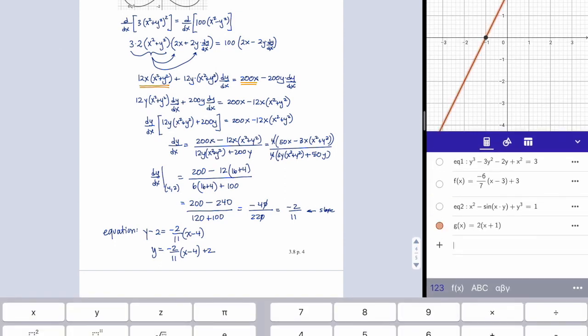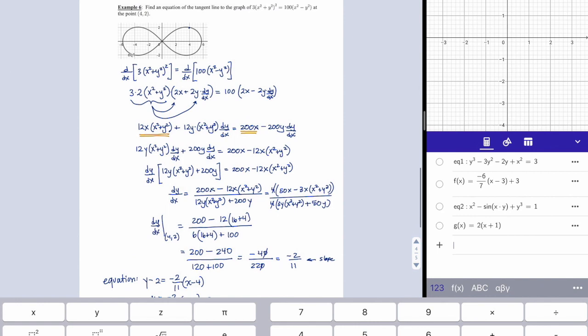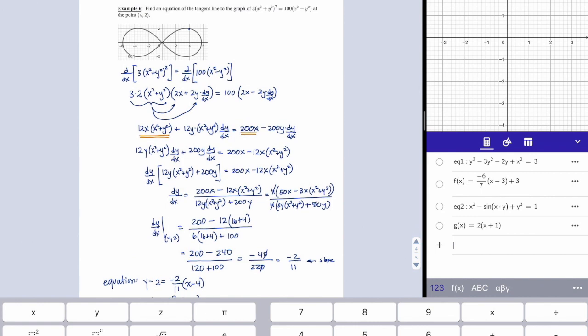All right, so turning off our old things here. So we have 3 times the group, x squared plus y squared, squared. So there's one side, and that is supposed to be equal to 100 times x squared minus y squared.